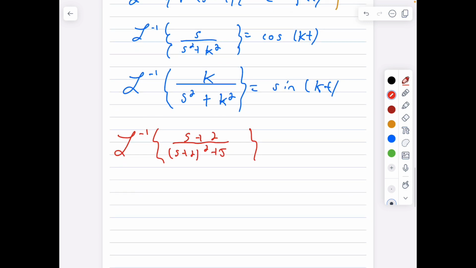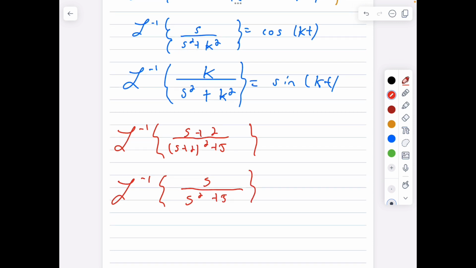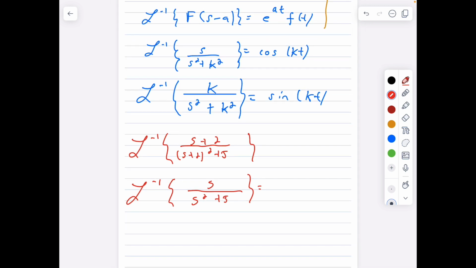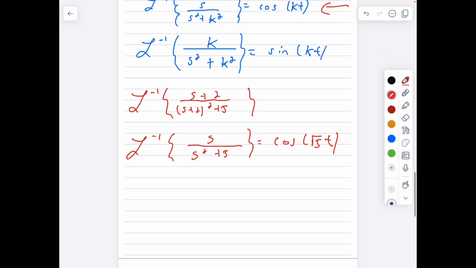I'm going to simply ignore the plus 2, the shift, and just look at s over s squared plus 5. And the Laplace inverse of that is cosine of root 5 t, by that formula that you see right there.